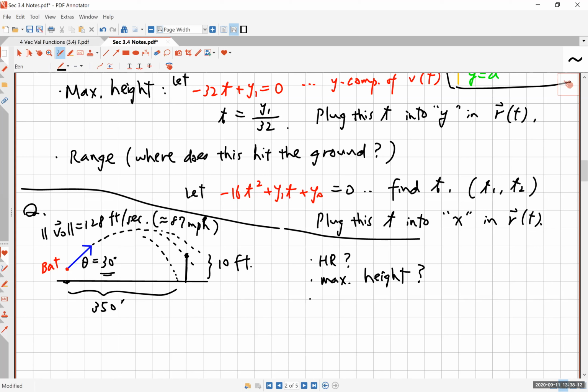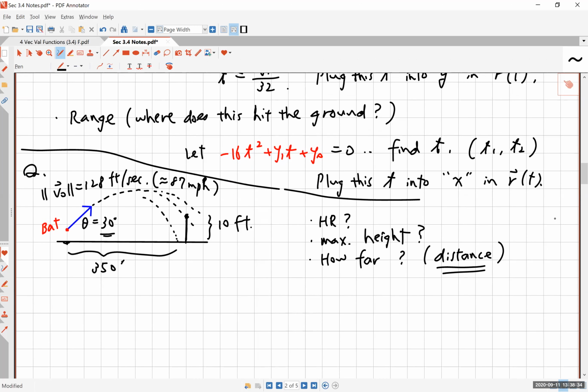And if it is a home run, and if there is no fence, how far does it fly? So this will be the distance. Okay. If you watch a baseball game these days, they have the exit velocity, launch angle, and for home runs, they will tell you the distance, which is usually 400 feet or sometimes 450 and so on. All right, let's try to figure these things out. And then when you think you have the answer, you can come back.